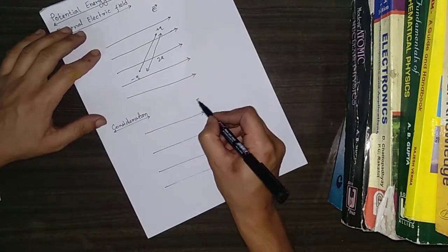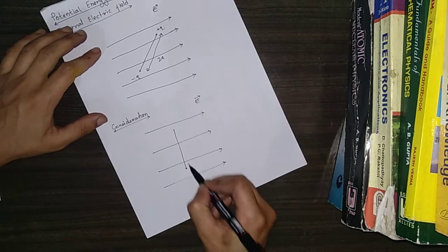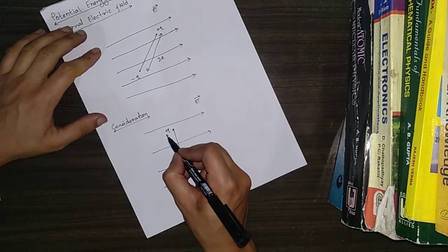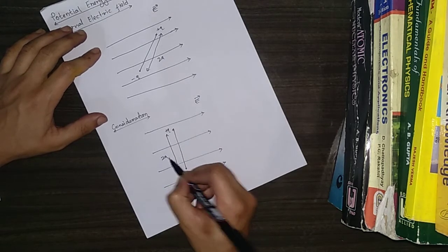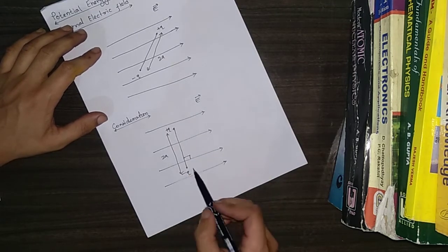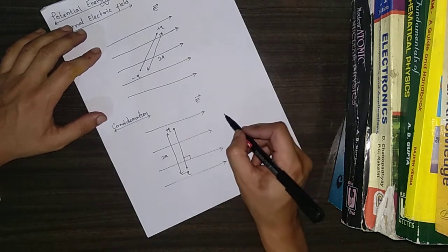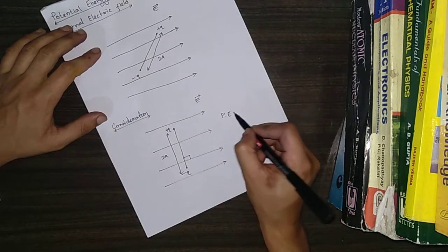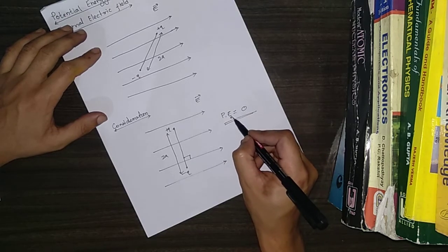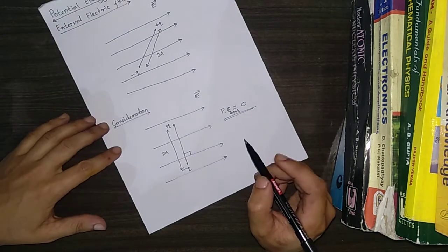So let us assume, if this dipole makes 90 degrees with the electric field lines, then the potential energy in that case will be 0 for the dipole.